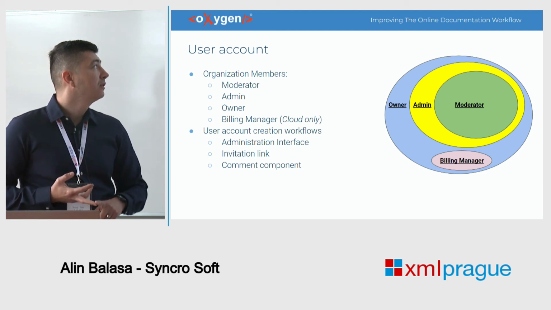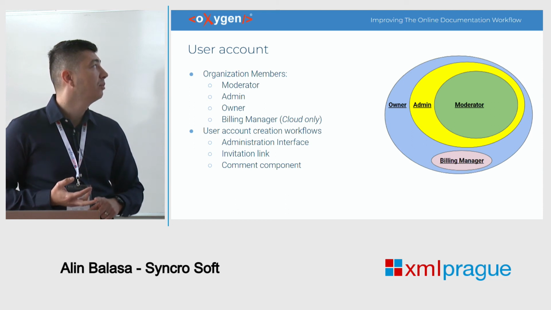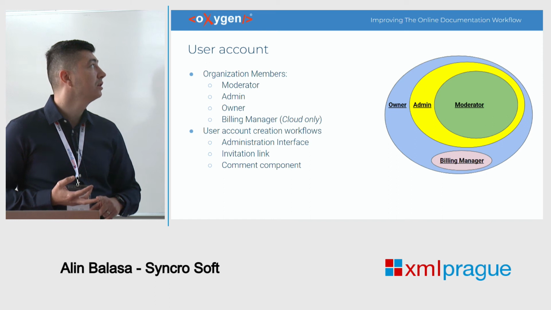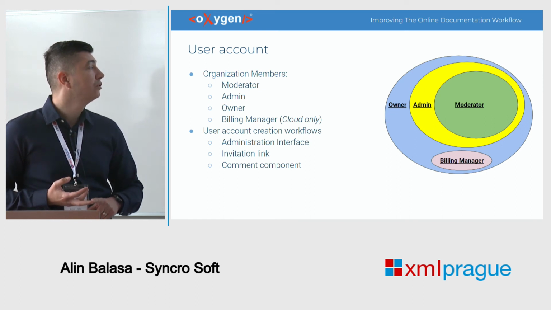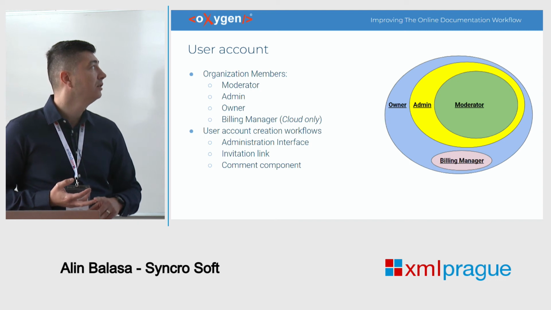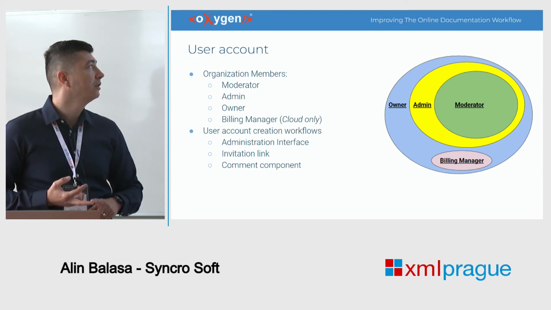The admins of an organization can invite other persons to join the organization, and this means they need to send them invitation emails. The admins can decide which roles are assigned to the invited users.